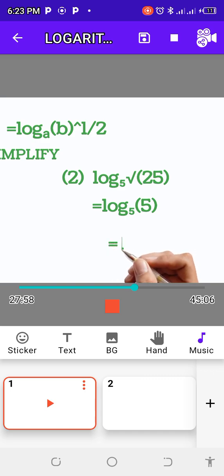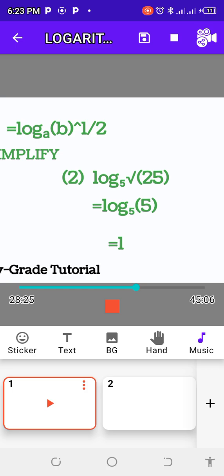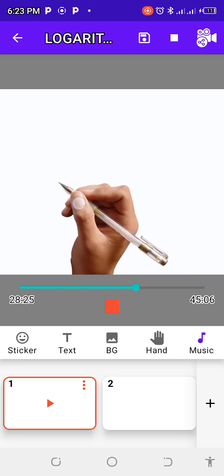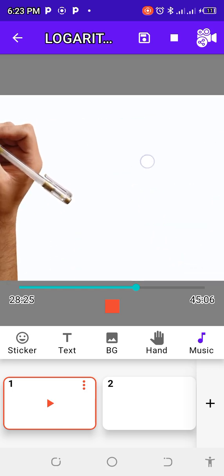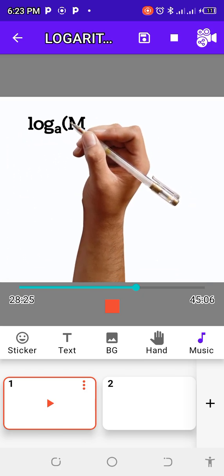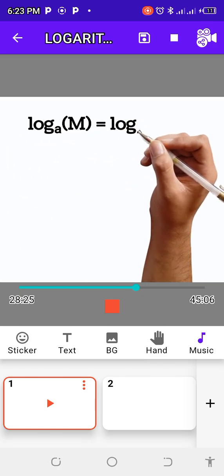Log of the base is equal to 1. So log 5 base 5 is equal to 1. Can we proceed? Any question? Let's proceed in the absence of question.